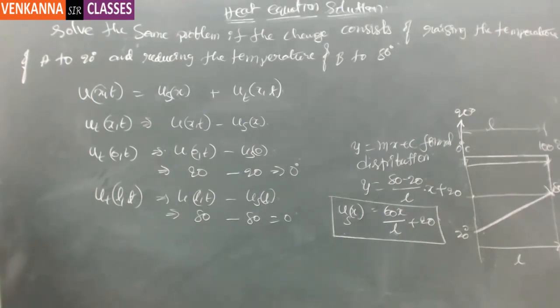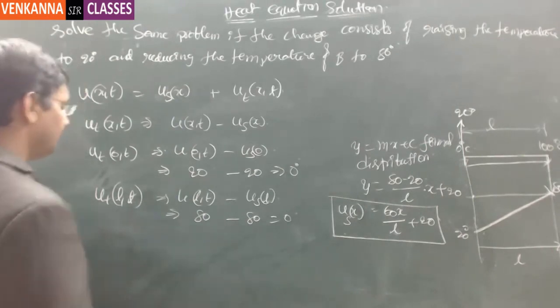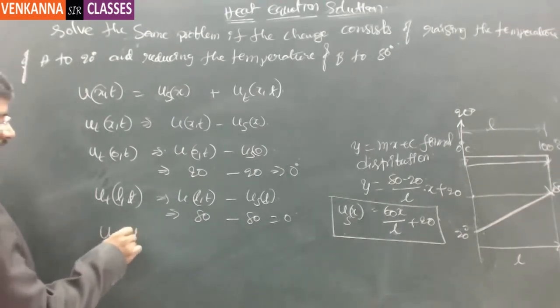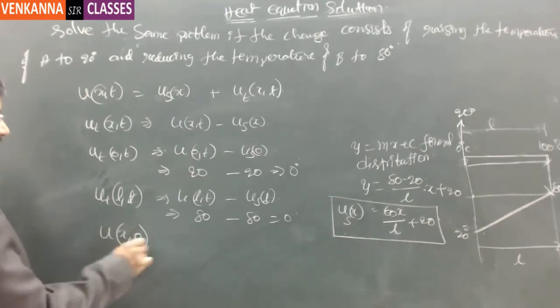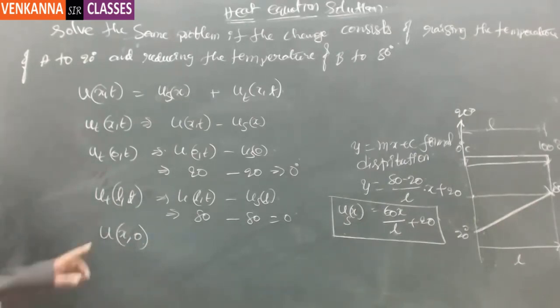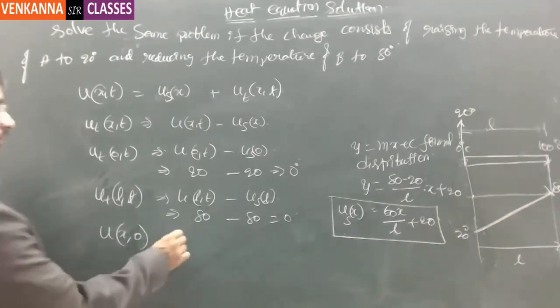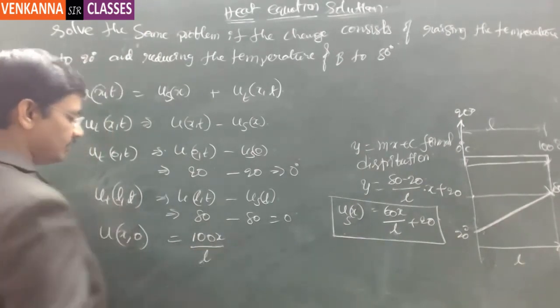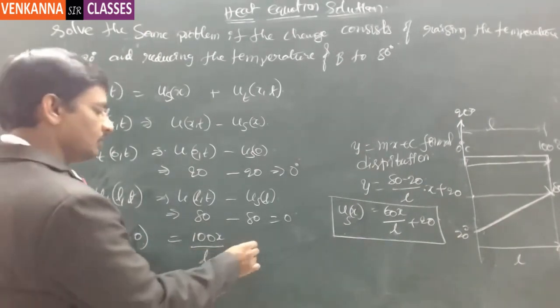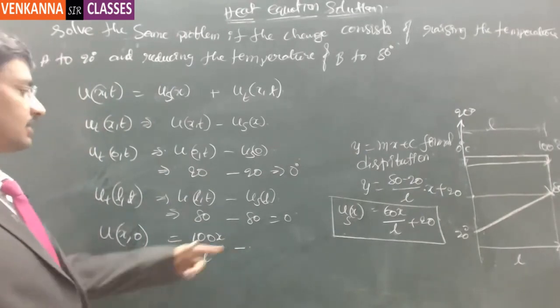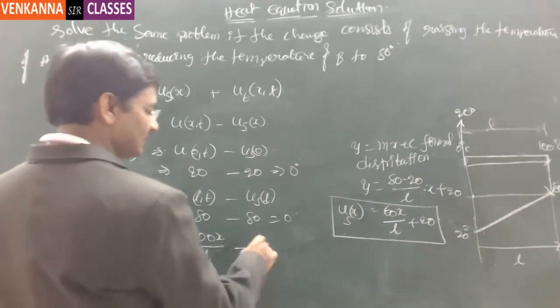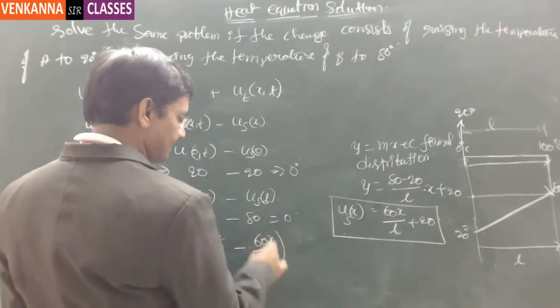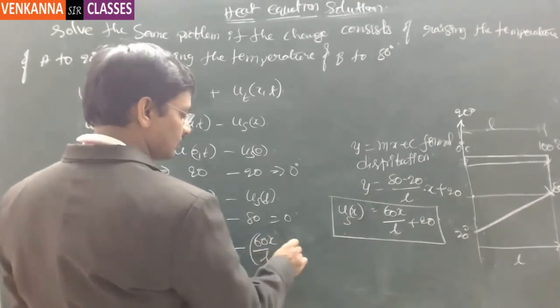Now, in exactly the similar manner, at time 0, that is u of x comma 0, this is going to be 100x by L, that is the initial distribution, minus the steady state solution at any time t, which is 60x by L plus 20.